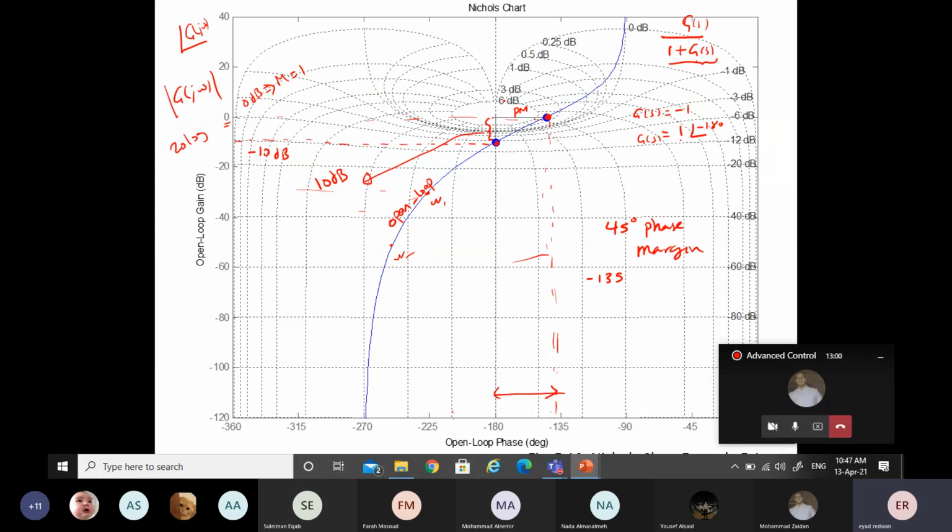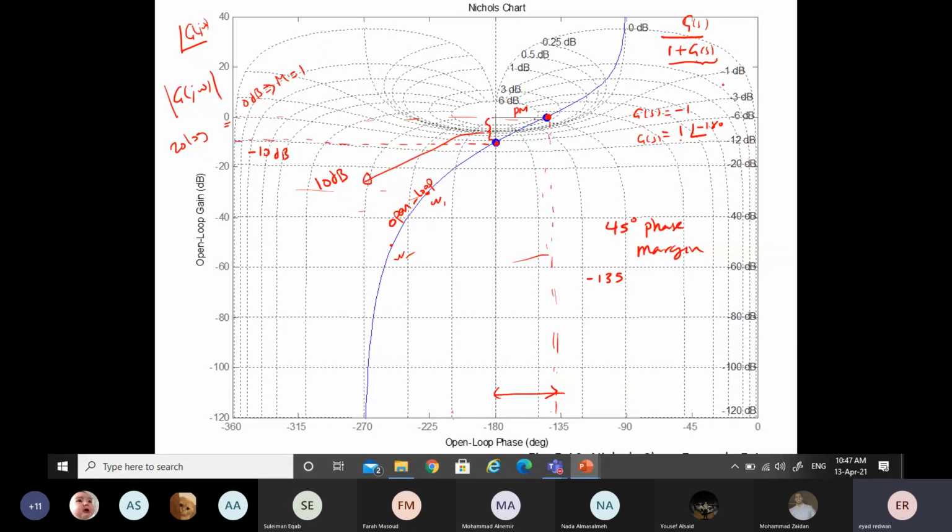Again, we said that instability in the system occurs when this term in the denominator equals 0, which means that G of S equals minus 1, which means G equals magnitude 1, angle minus 180. Therefore, when the magnitude is 1, this is 0 dB, how much angle do I have to move to become minus 180? So this becomes magnitude 1 and angle minus 180, and we call that the phase margin.